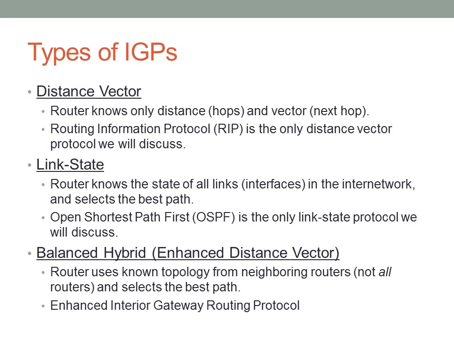Now, EIGRP is going to be the one that we talk about that's an enhanced distance vector. Now, it's still, to me, a distance vector because you still only rely on a specific type of distance, and you still rely on the next hop, that is your neighbor. So EIGRP is technically a type of distance vector routing protocol, but for the Cisco purposes, it's also considered a balanced hybrid. Cisco likes to make their routing protocols sound all badass, so we'll leave it at that.